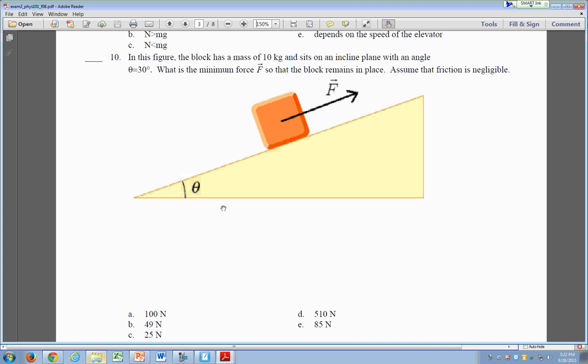All right, so really, you're going through all those steps in your head. Hopefully you're to the point where you don't have to go through all of them, like resolving vectors into their components, and you can just look at this and do a lot in your head. So here I want to know the minimum force if the block remains in place. There is no friction on this.